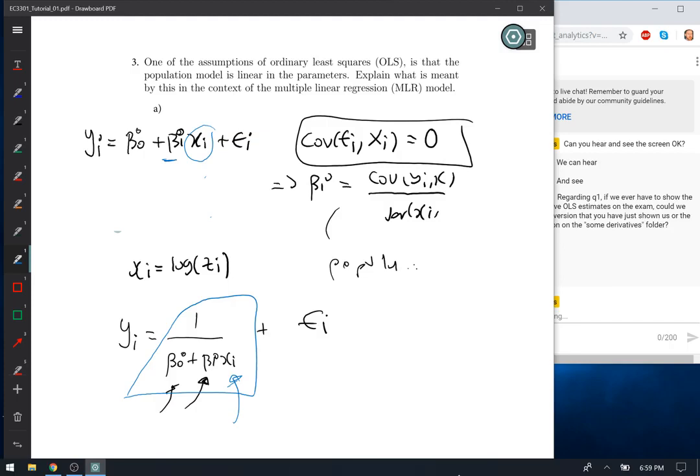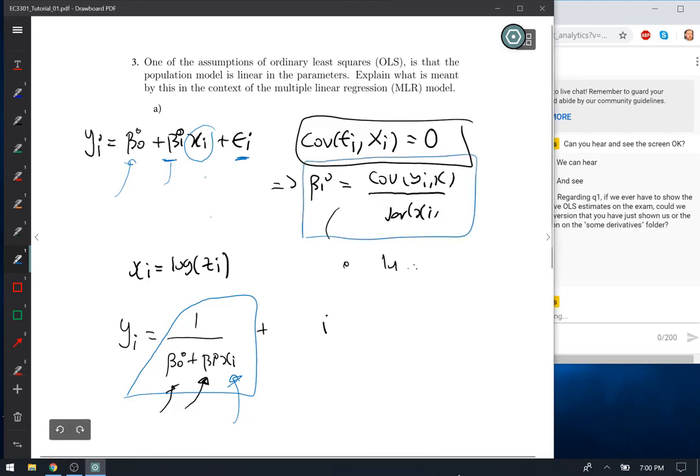The next assumption then is, how can we identify these parameters B0 and B1? What are the true effects? Well, if we assume that at the true parameters B0 and B1, the covariance of this unobservable with X is naught, then we can work out what these true parameters would be. If it's not the case, and there is a correlation between the errors and X, then the OLS estimator will be biased.